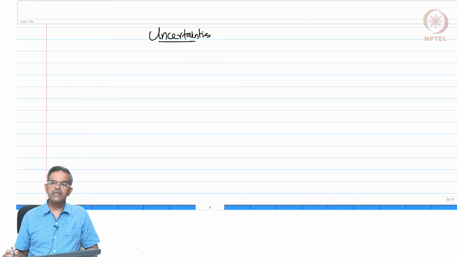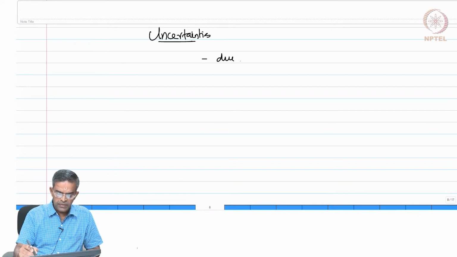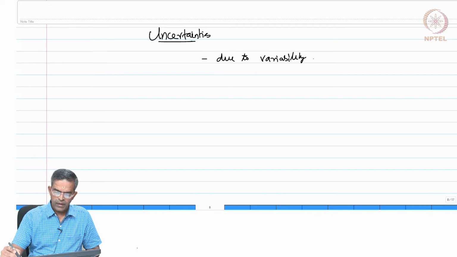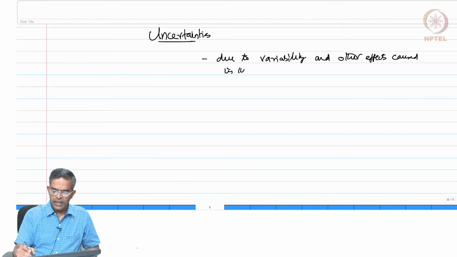There are some uncertainties present in the whole system. Now, these uncertainties can be due to variability and other effects, cost, in the analysis.